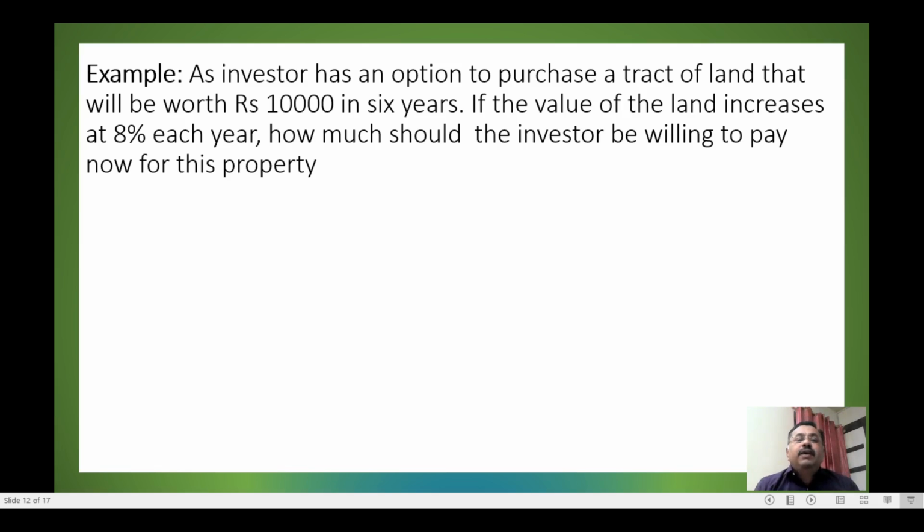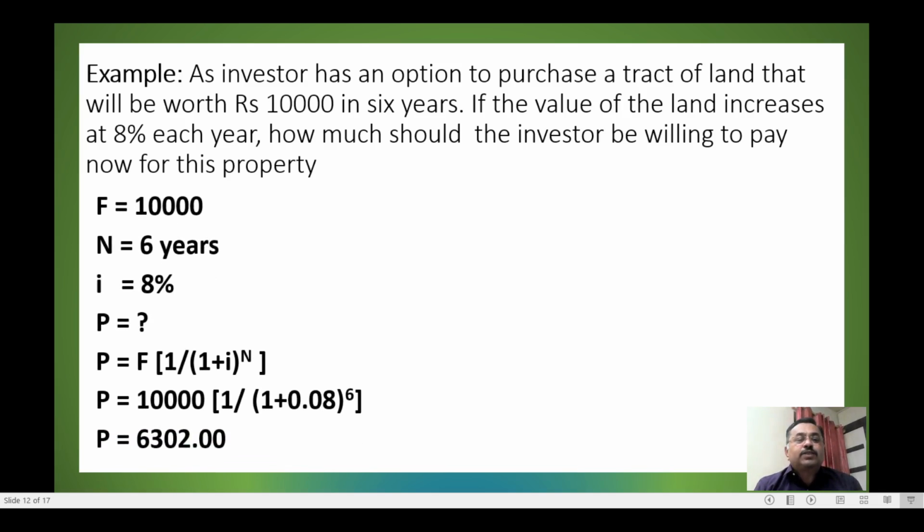That means 8% is the rate at which the land value increases. What is the property value now, what he will be paying now with respect to that?